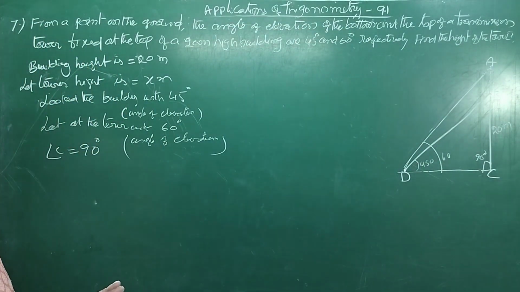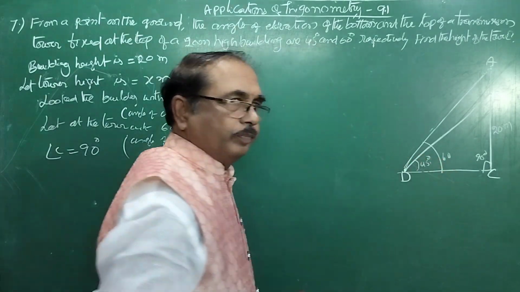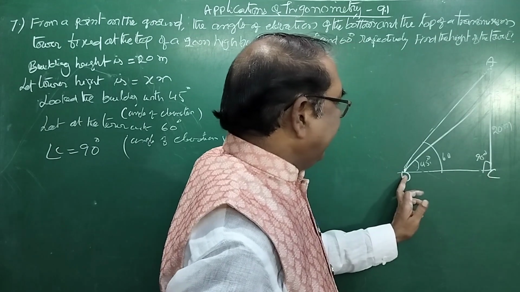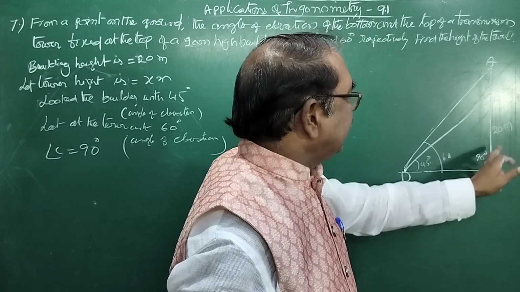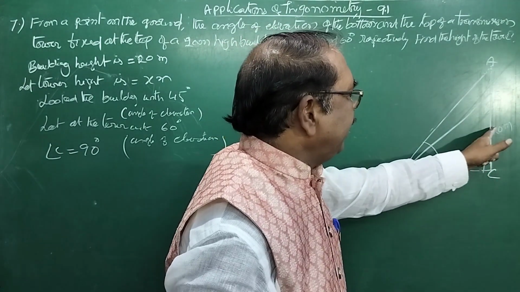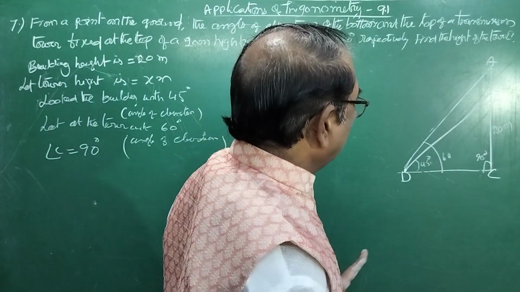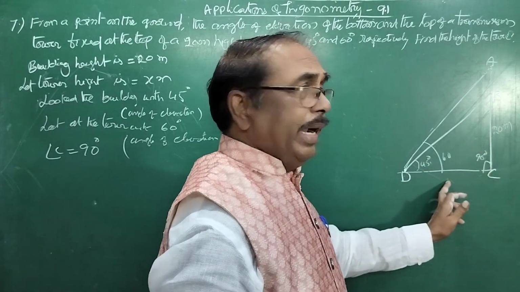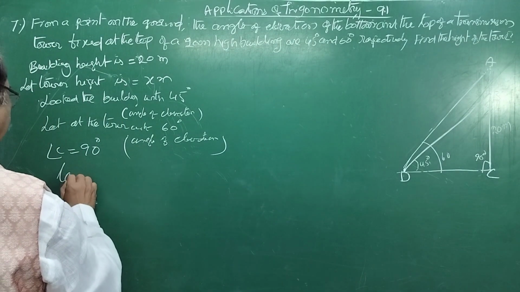Now let us see. First you look at the building with the 45 degrees angle. DC is the adjacent side, and CB is the building. So we have to find the distance. The relation between the opposite side and adjacent side is the tan ratio.